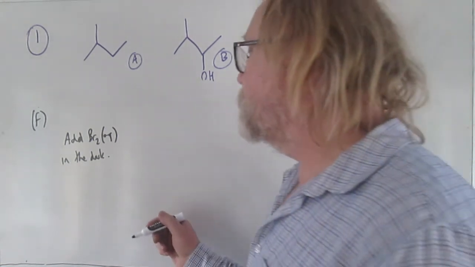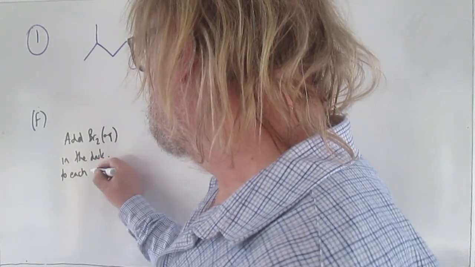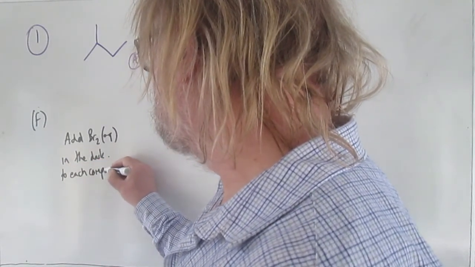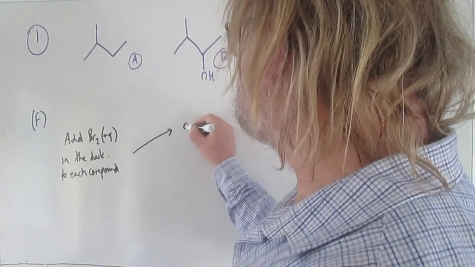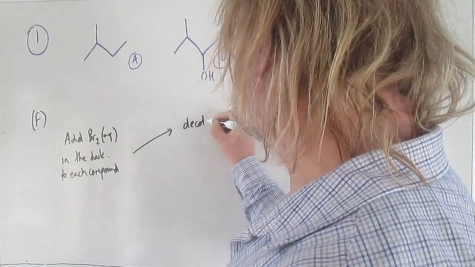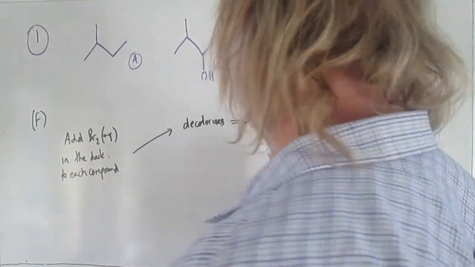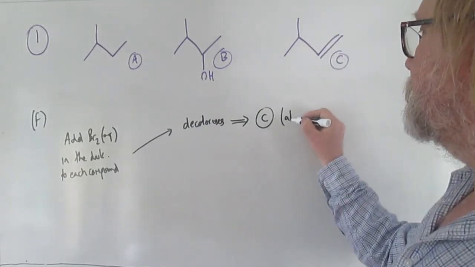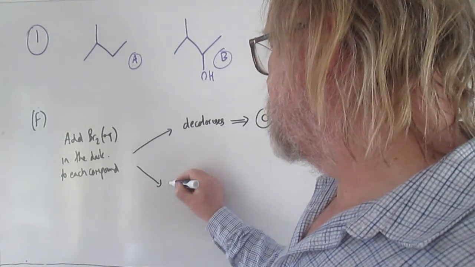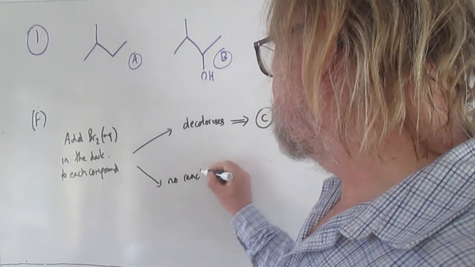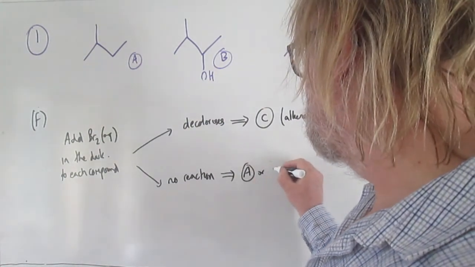So add aqueous bromine in the dark to each compound, just to a sample of each one, and if it decolorizes, that means that it must be C, because it's an alkene. So if there's no reaction, that means A or B, a saturated compound.